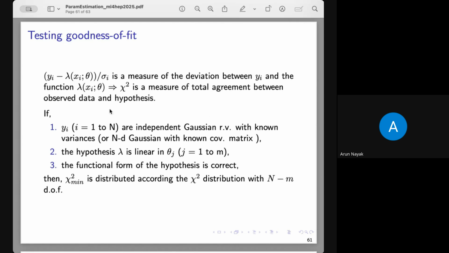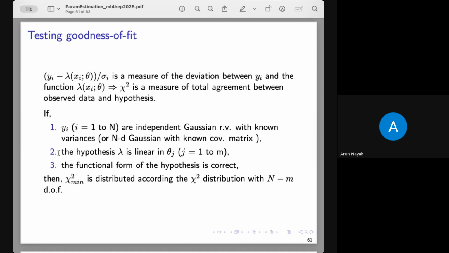Now, if the yi are independent Gaussian random variables with known variances, or if they are not independent, then they should be described by an n-dimensional Gaussian with a known covariance matrix.